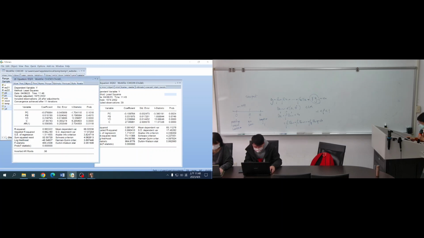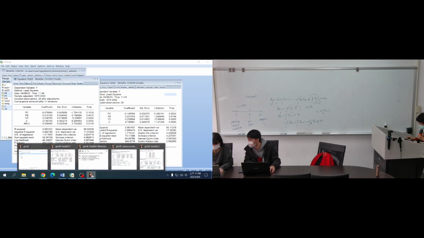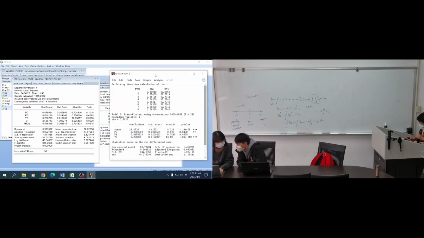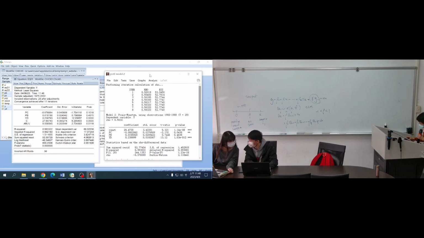All right, then using my Gretl, look at this Gretl. This is still a little bit different, but well, rho is pretty similar. Look at these two results. This one and this one.